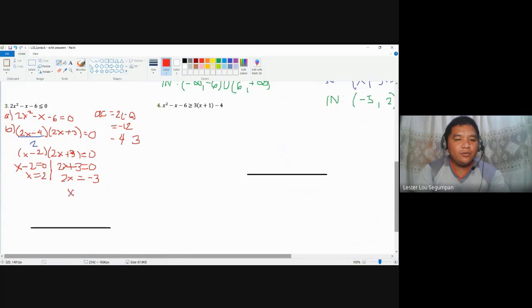Divide both sides by 2. X is negative 3 halves. These are your roots. No need to worry about the fraction form, because when C comes in, you're just looking for the regions, arranging them properly in the correct real number line. So your regions would be divided by negative 3 halves here, and then positive 2 here on this side.